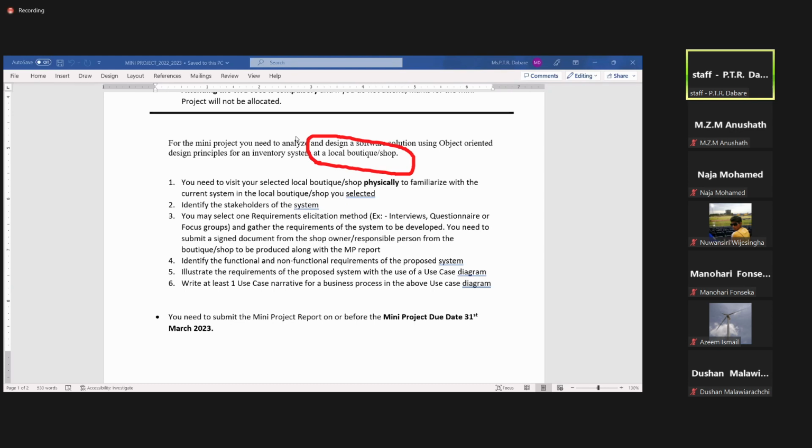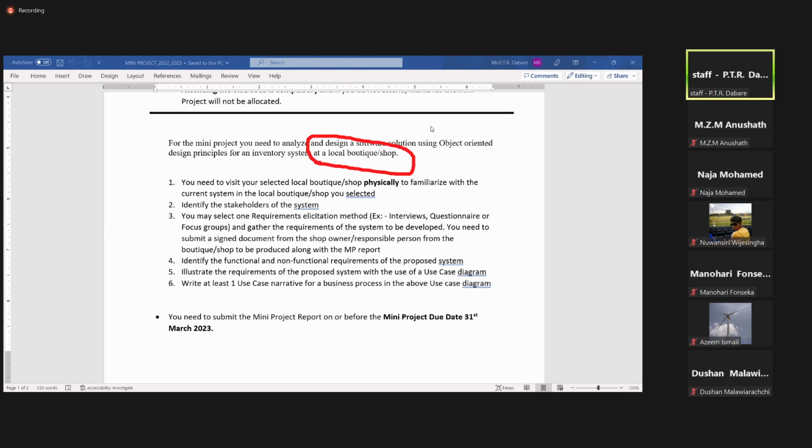Even if they have a system, that's fine, but it should be a very small place. Cargills Food City is a chain of food shops, isn't it? So don't go for that type of big chains, big systems. Go for a small place. Can't you understand when I say go for a small cafe?